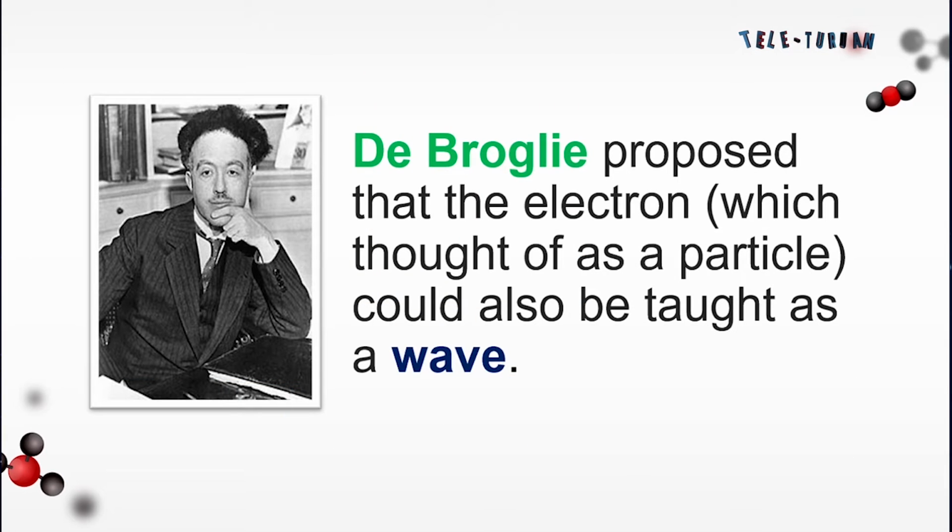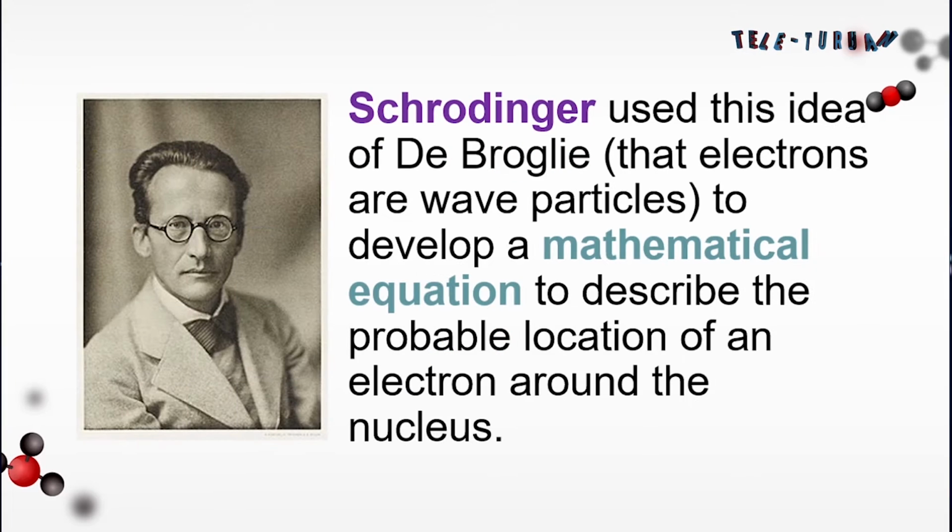De Broglie proposed that the electron, which was thought of as a particle, could also be thought of as a wave. Schrödinger used this idea of de Broglie that electrons are wave particles to develop a mathematical equation to describe the probable location of an electron around the nucleus.